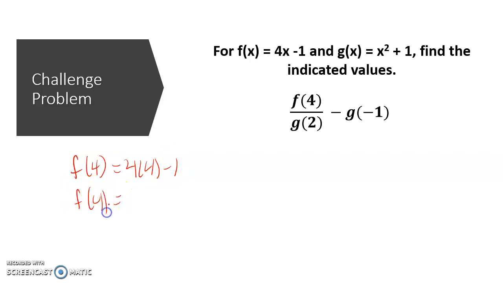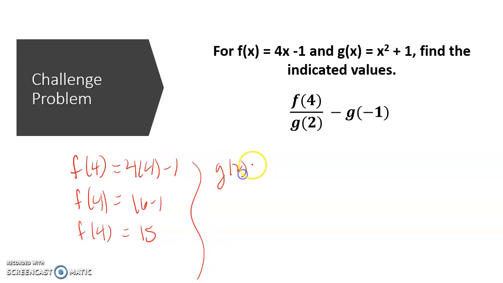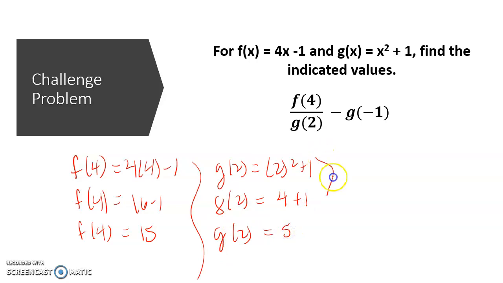F of 4 equals 16 minus 1. So f of 4 equals 15. Now I'm going to find g of 2. G of 2 equals 2 squared plus 1. So g of 2 equals 4 plus 1. Therefore, g of 2 equals 5.